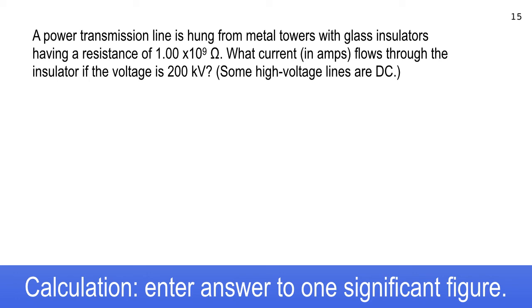There's 200,000 divided by 1 times 10 to the 9. Answer: 0.0002. Anybody else verify that? Yes. All right. You want to switch me over to laptop, please? Okay. So there's your answer.